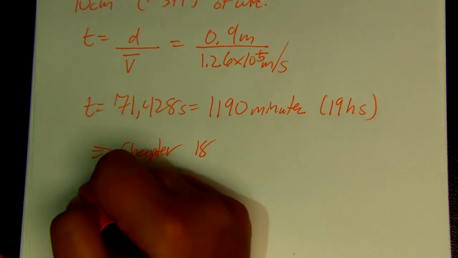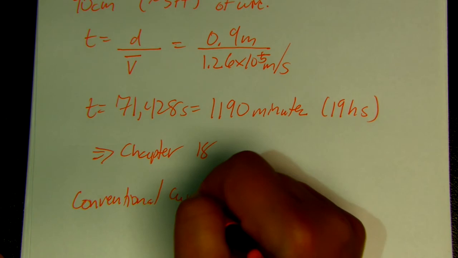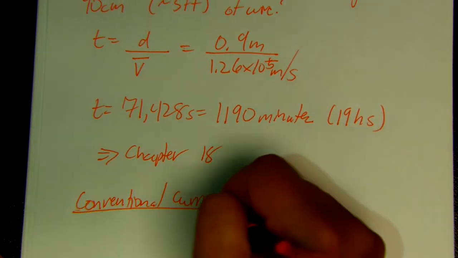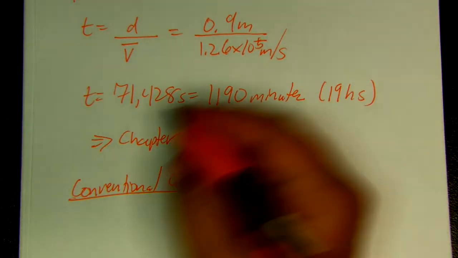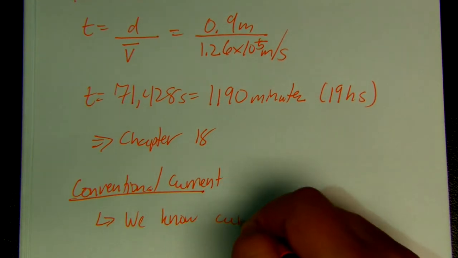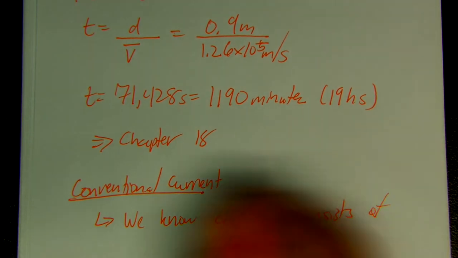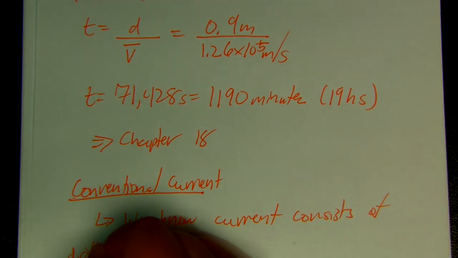All right, so let me introduce a concept called conventional current. We have Benjamin Franklin to thank for this one. So we know current consists of drifting electrons.